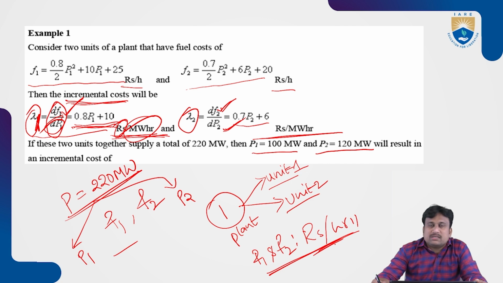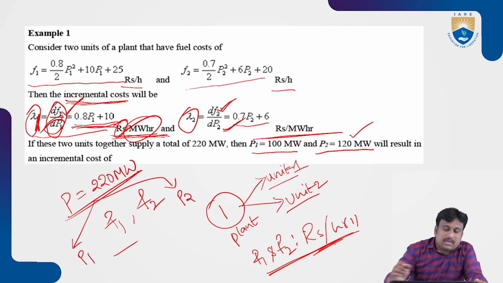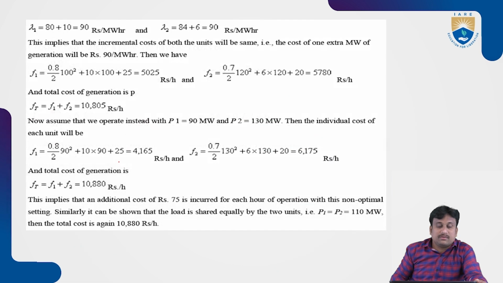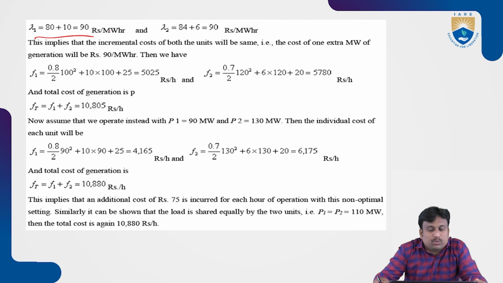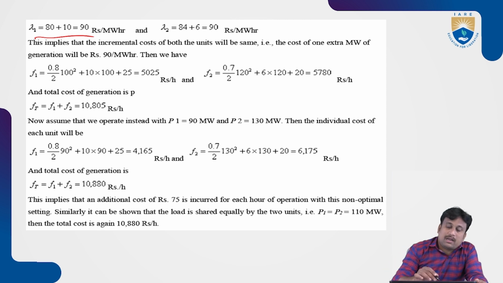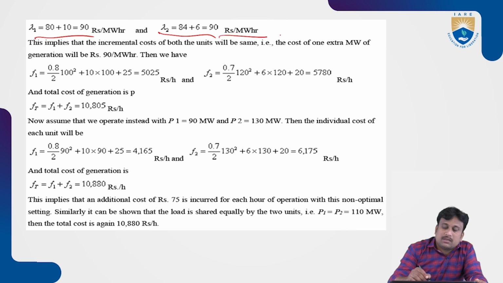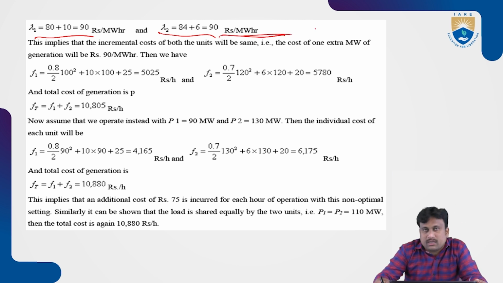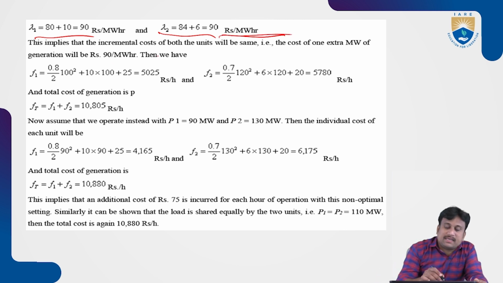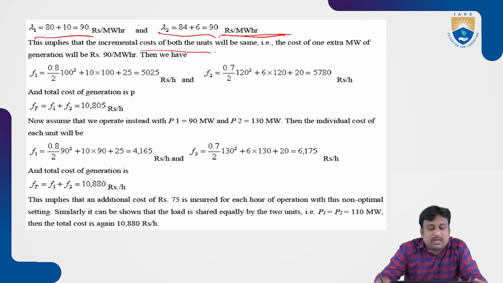The first power is only 100 megawatts, but P2 is 20 more, that is 120 megawatts. This results in an incremental cost of lambda 1 equals 80 plus 10, that is 90 rupees per megawatt hour, and lambda 2 is 84 plus 6, that is 90 rupees per megawatt hour. So this implies that the incremental costs of both units are the same.